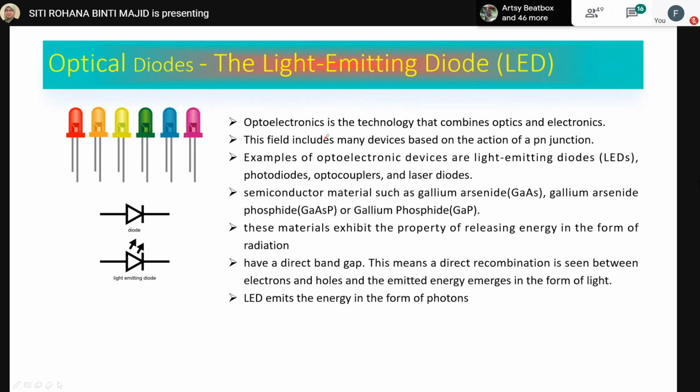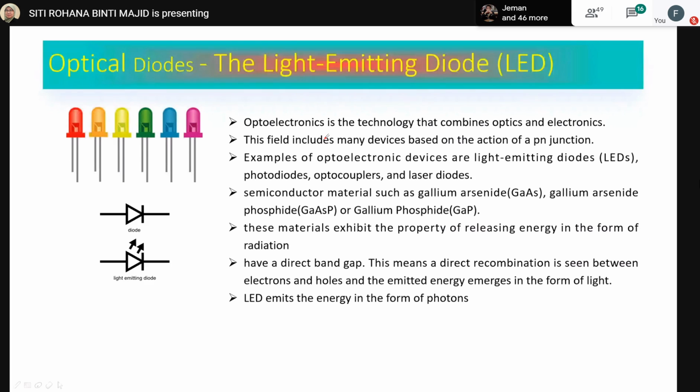In this LED, light emitting diode, they refer to the direct band gap. We already know what a direct band gap is: when there is direct recombination between electrons and holes, they emit the energy in the form of light. This one I asked in tutorial 1, if I'm not mistaken.